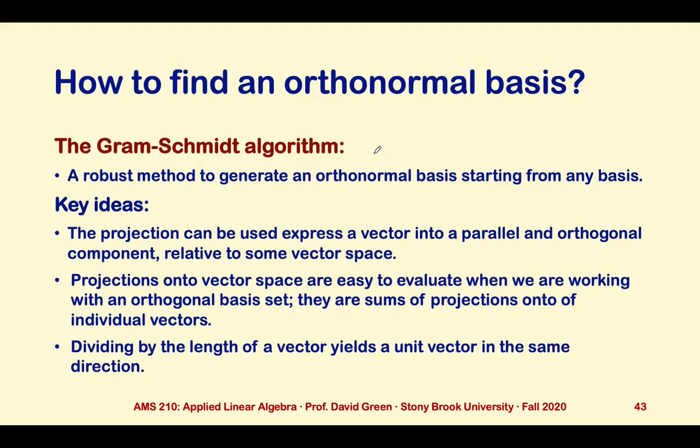LU decomposition is a matrix representation of that algorithm. How do we develop a robust algorithm to generate an orthonormal basis, which will then be able to easily solve least squares solutions, approximate solutions?